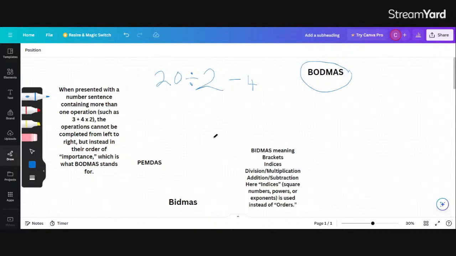Okay, 20 divided by 2. No, this one is still, even some people might work their way out of it. Let me see if I can get something different.